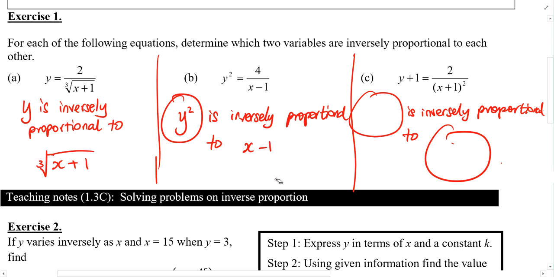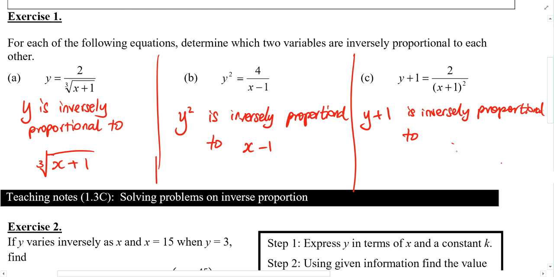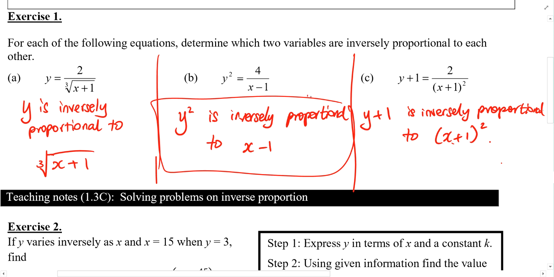What about the last case? Y plus 1 is inversely proportional to x plus 1 squared. Usually it will be the other way around. We tell you this information, then you write down the equation yourself. Now this is just a bit of reverse work.